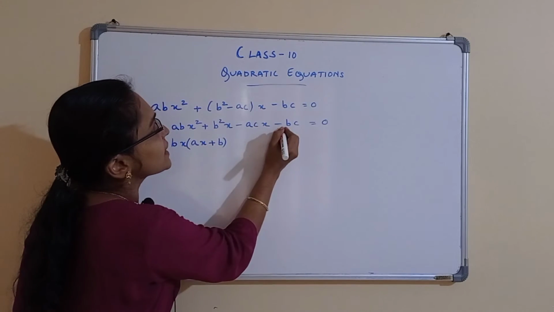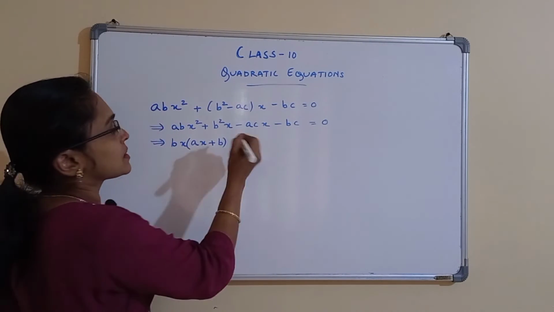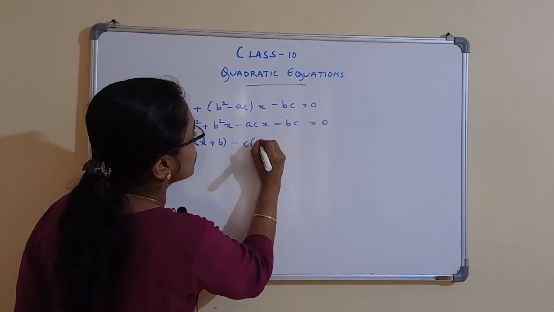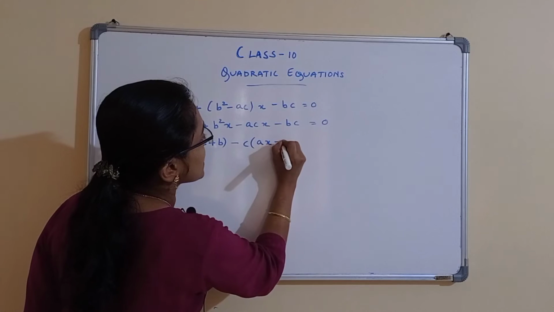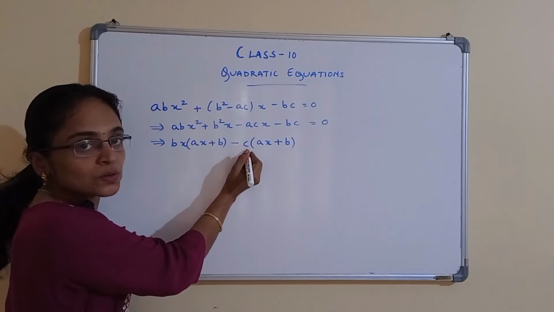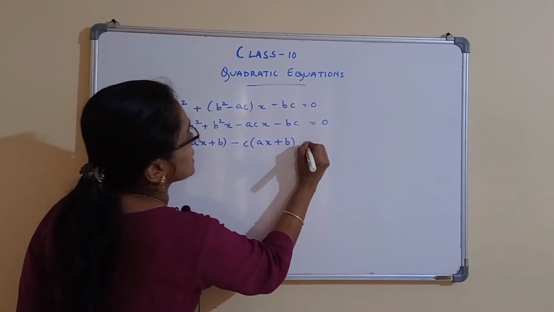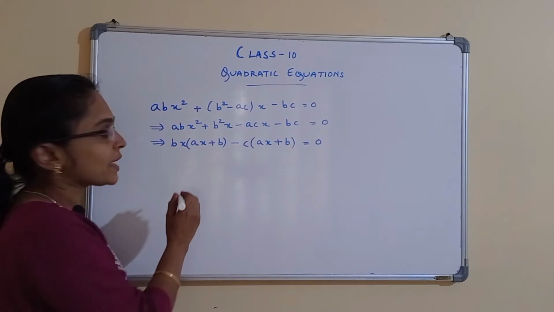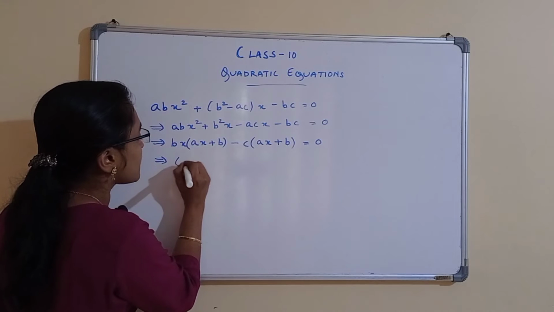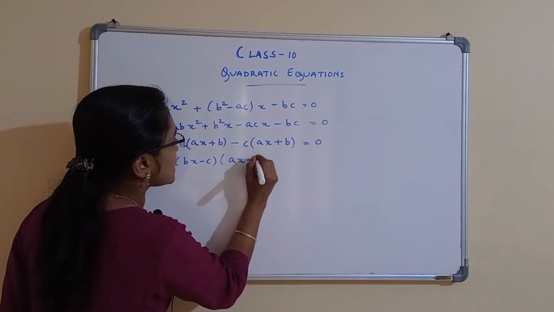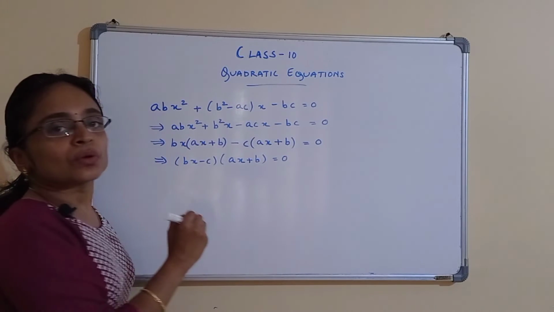Now we can take c from this, minus c into ax plus b. If we take minus c outside, we will have plus b. So, ax plus b is equal to 0. Now, this implies bx minus c into ax plus b is equal to 0.